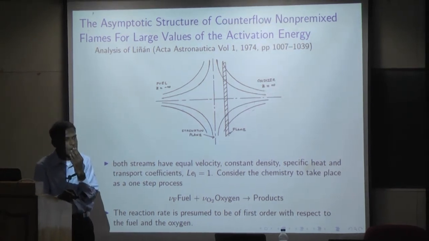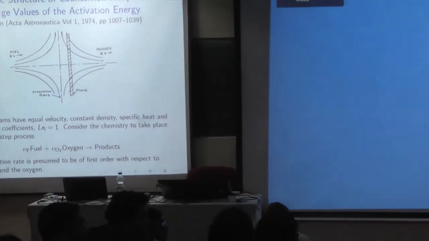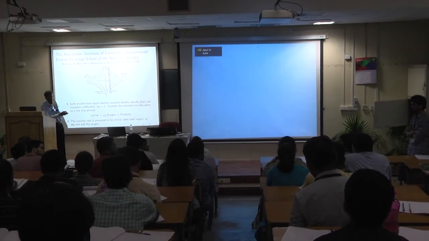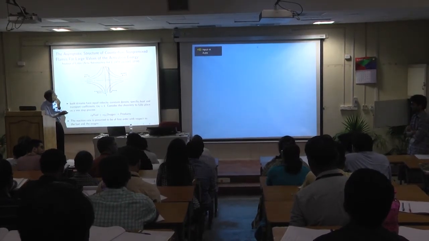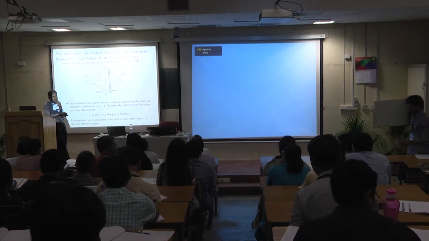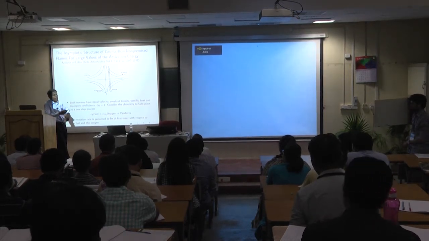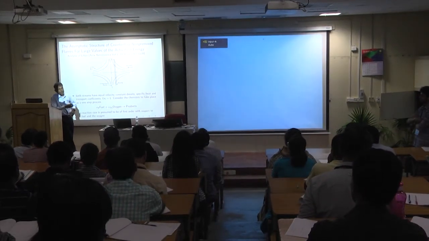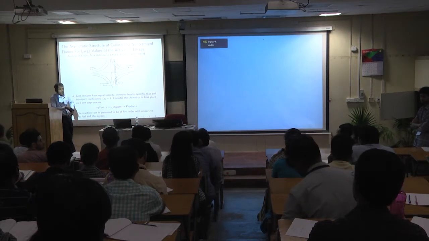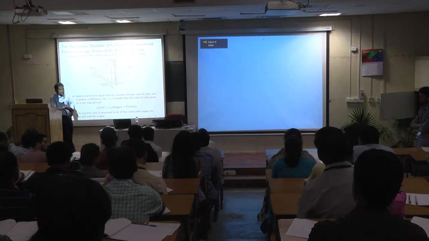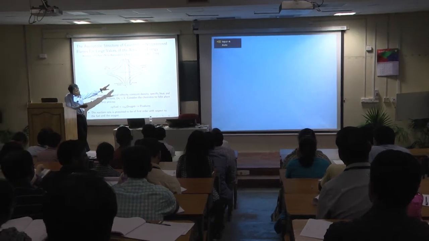If you have a large oxidizer, how is the velocity matched? Because we assume that ρ is constant. I'm talking about the mass fractions, where the mass fraction of oxygen here is Y_O infinity, and I make Y_O infinity 1. We also assume that the densities are the same and the velocities are also the same. So how do we achieve underventilated and overventilated conditions?